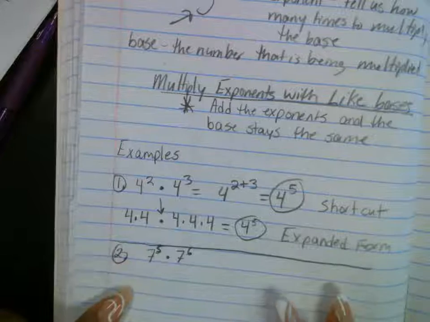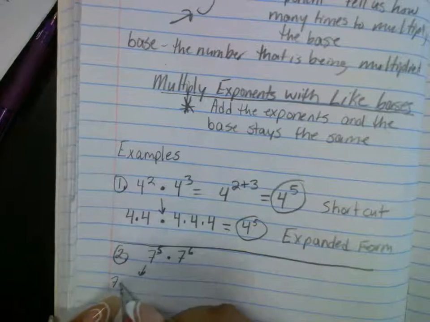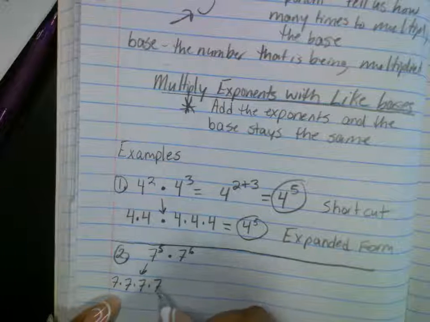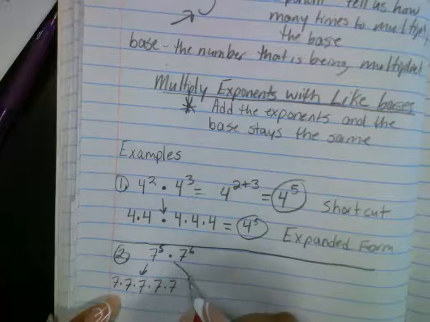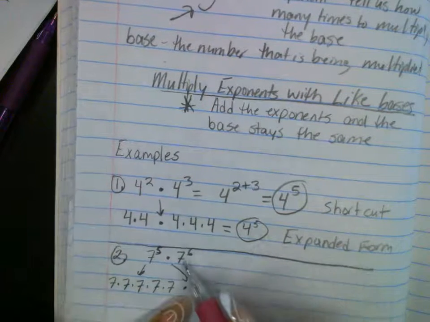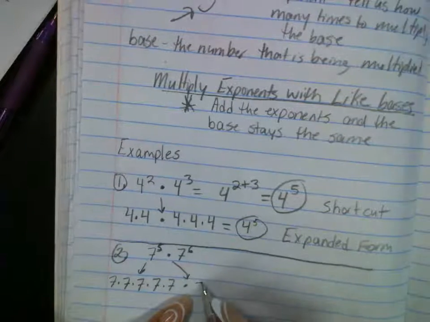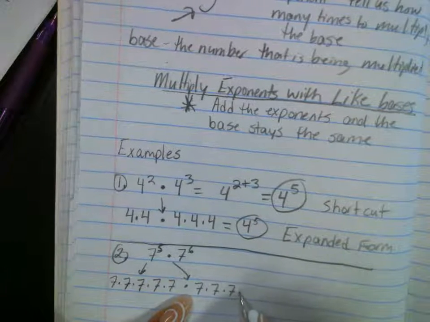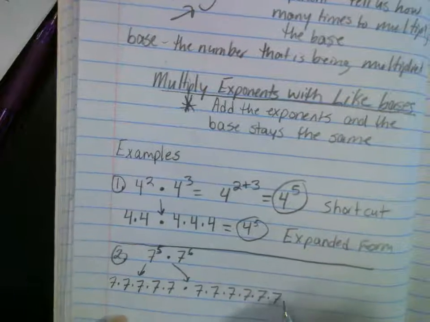7 to the 5th is saying that 7 is being multiplied 5 times. That's 1, 2, 3, 4, 5. Times, and then again, 7 is being multiplied 6 times here. 1, 2, 3, 4, 5, 6.